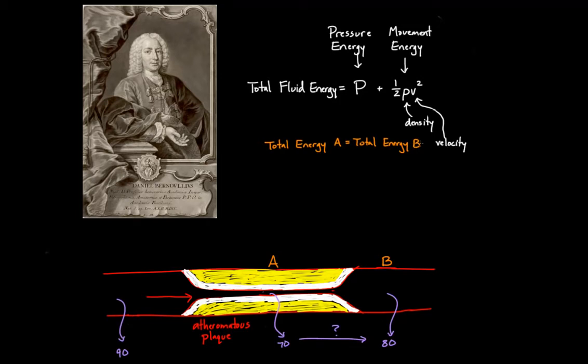I'll show you what I mean. So total energy at A is going to be the 70 pressure plus 1/2 the density of blood times the velocity at A squared. And that's got to equal 80 plus 1/2 density of blood times the velocity at B squared.